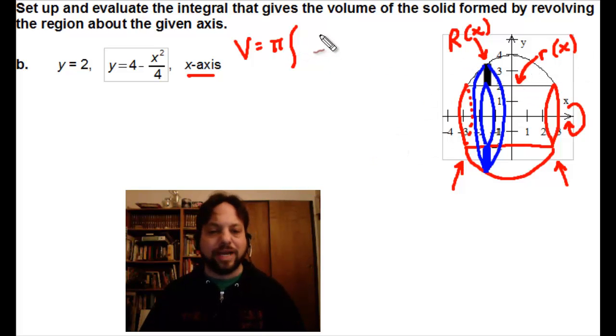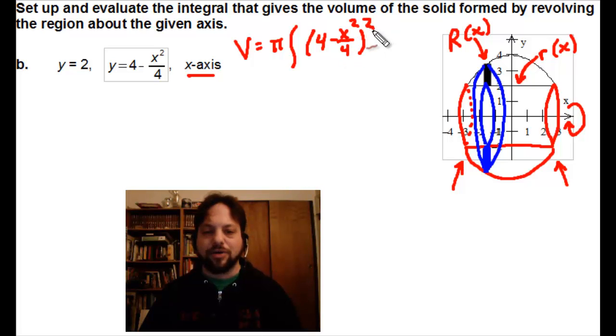And so my outer radius is actually going to be 4 minus x squared over 4, and I'm going to have to square that outer radius. And then I will subtract my inner radius, which in this case is actually just 2, and I'm going to square that as well.